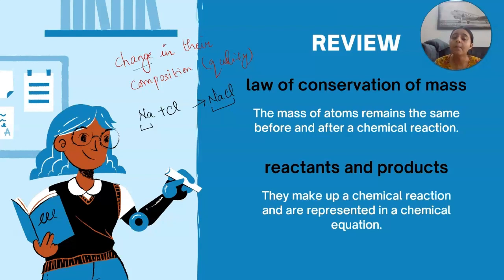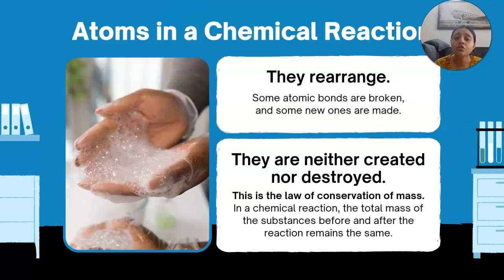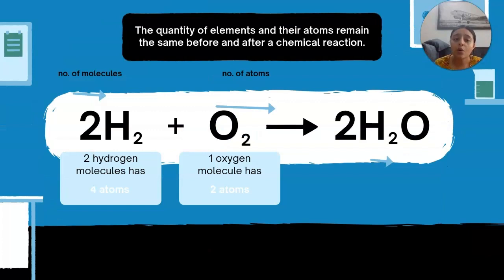That means the number of atoms of an element on the reactant side should be balanced with the number of atoms of that element on the product side. This is the number one rule you need to understand. That is why we need to balance the whole chemical equation.